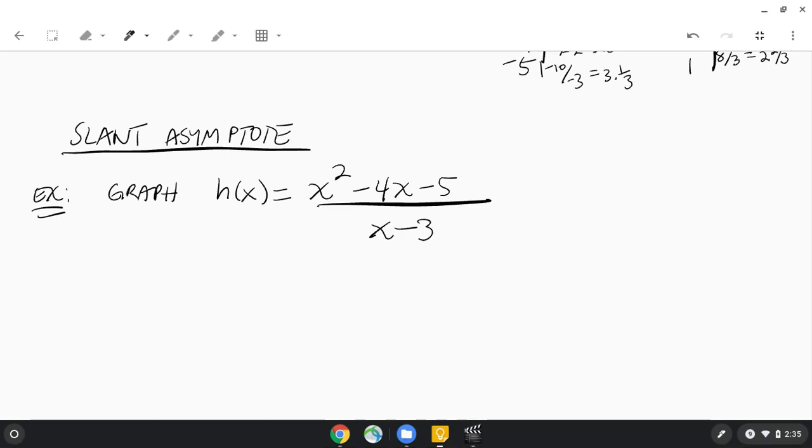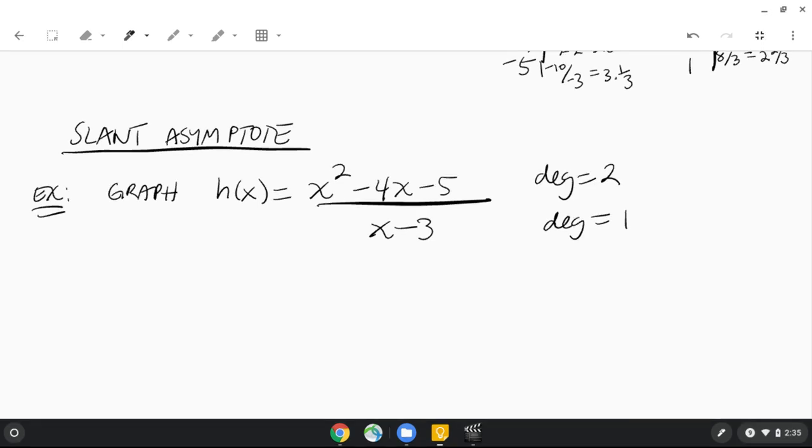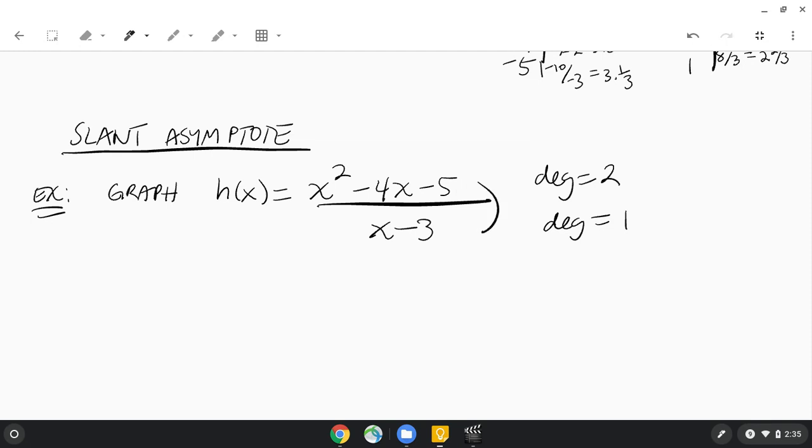Okay, so we see that the degree up here is 2, and the degree down here is 1. So when the degree on top is larger, that's when you're going to have this slant asymptote, because in order to get the slant asymptote, we need to be able to do this division.